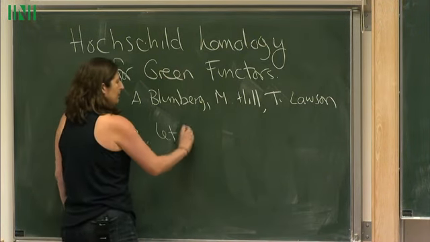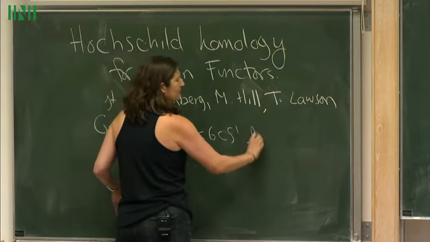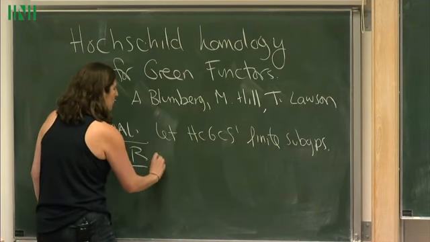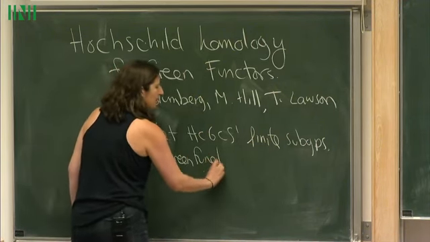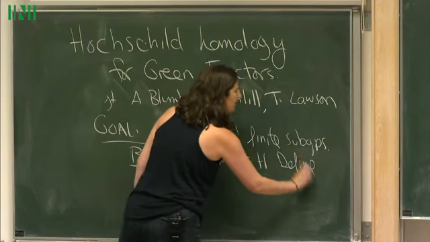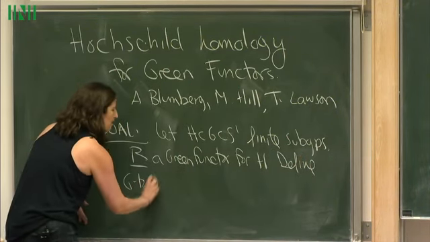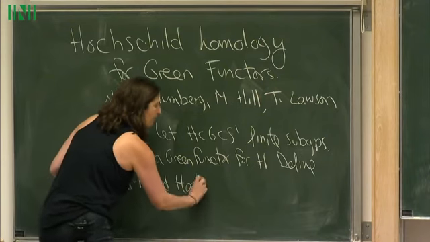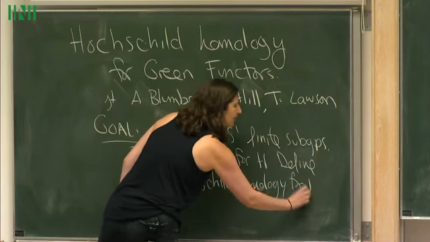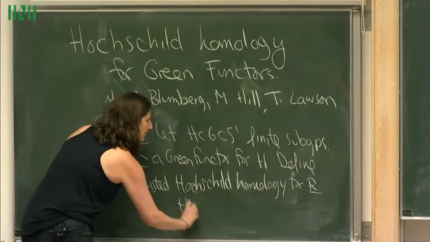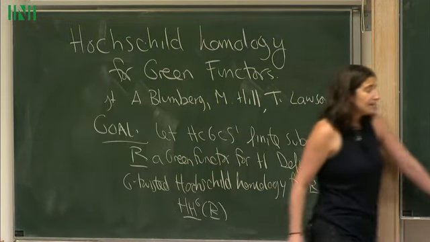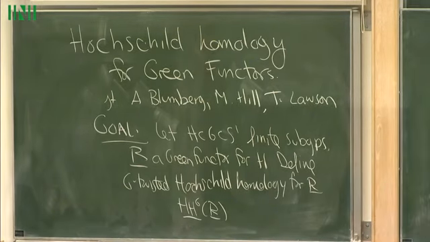I'm going to let H and G be finite subgroups of S1, and I'm going to consider R a green functor for H. And what I want to talk about today is a definition, so I'm aiming to define a G-twisted version of Hochschild homology for R. I'm going to write that as the G-twisted Hochschild homology of my H green functor R. Okay, so I'm going to get to that, but I'm going to step way back and first motivate why you would want to consider such a thing.